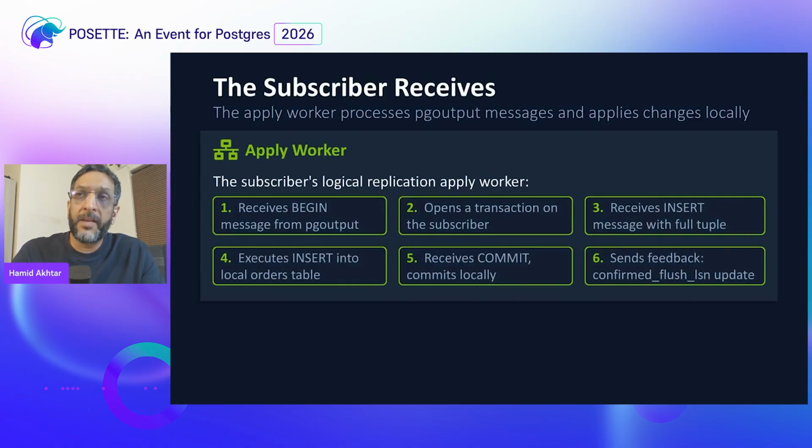So we're making those changes ourselves by applying those heap changes here. So we end up making that change in the orders table. We commit it locally, and after that's committed, we update the replication origin LSN, which is then sent back to the publisher, telling it that this is the LSN that we have made durable on the subscriber.